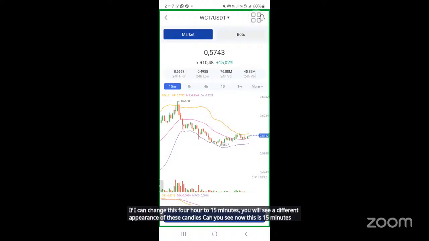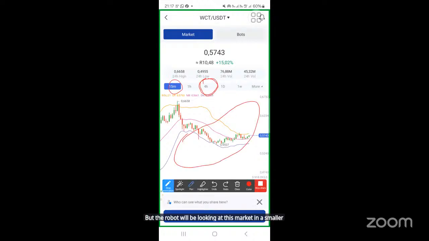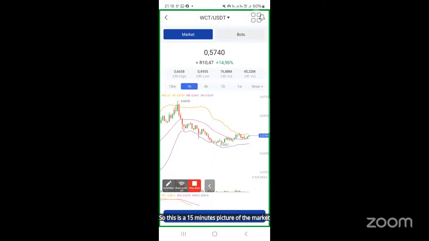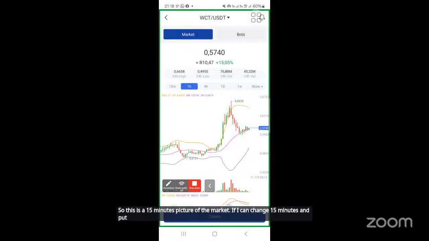So it does not mean that the robot will buy after 15 minutes. No, but the robot will be looking at this market in a smaller picture of 15 minutes. That's what we mean. Is this clear? So this is a 15 minutes picture of the market. If I change 15 minutes and put 1 hour, can you see?